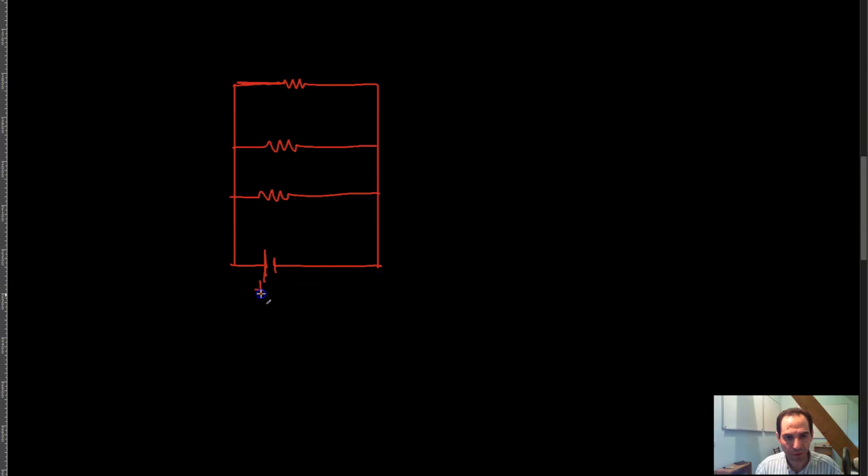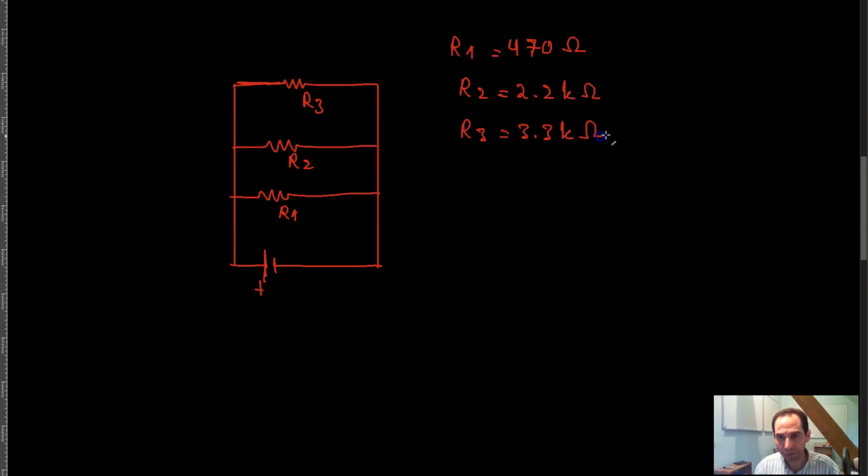This is, for example, positive. And let's call these R1, R2, and R3. Let's say that R1 is equal to 470 ohms, and R2 is equal to 2.2 kilo ohms, and R3 is equal to 3.3 kilo ohms. And your power supply is 15 volts.